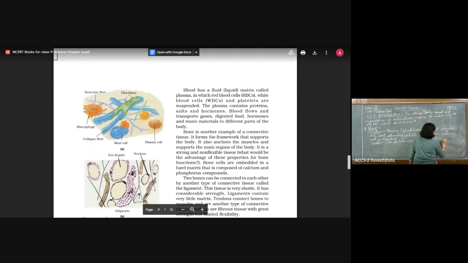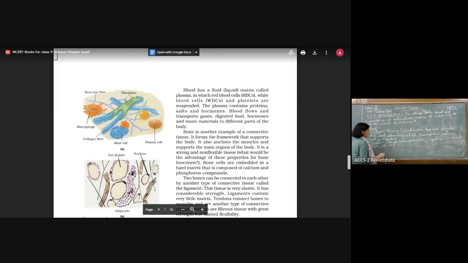Digested food means amino acids, glucose, fatty acids.